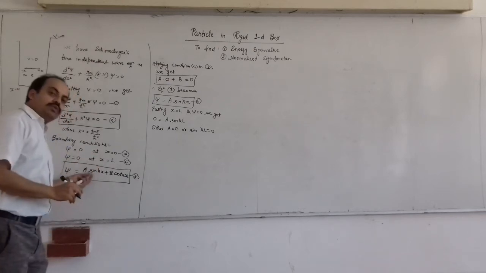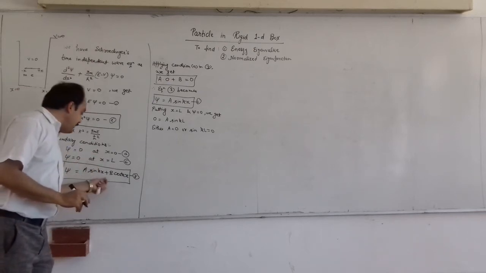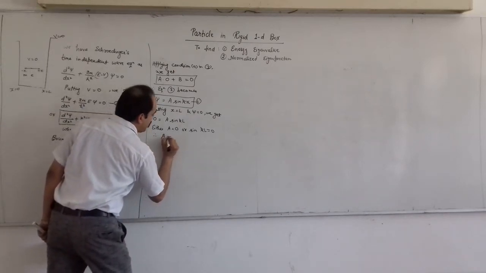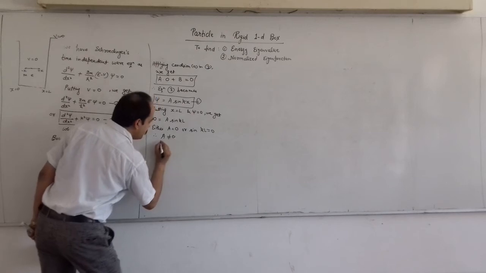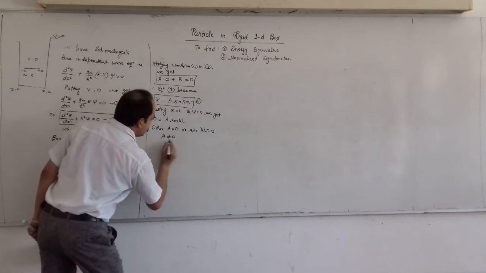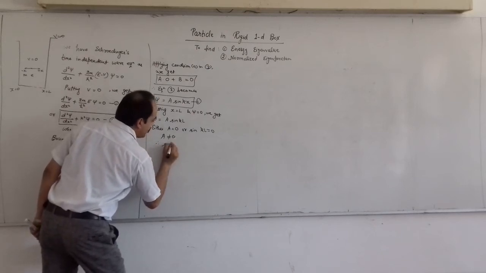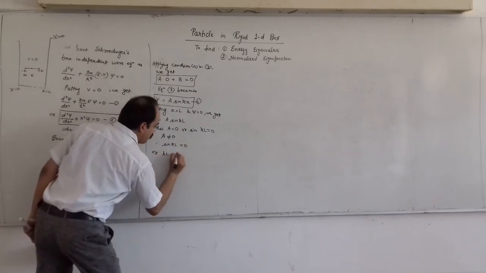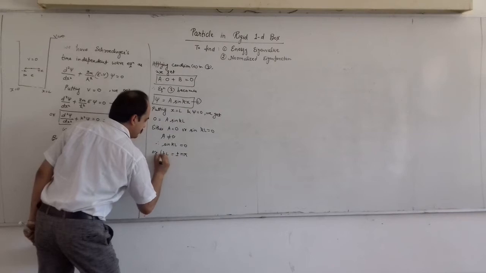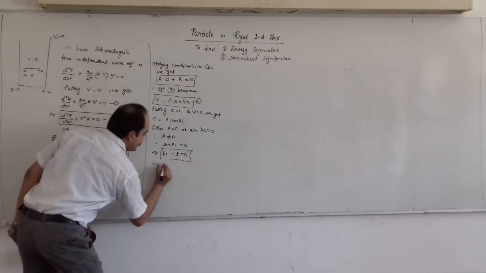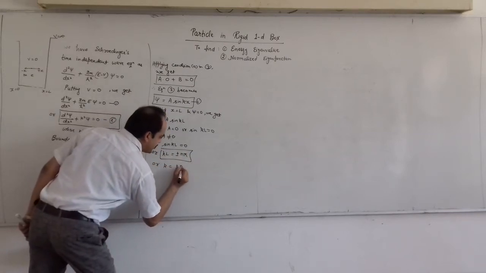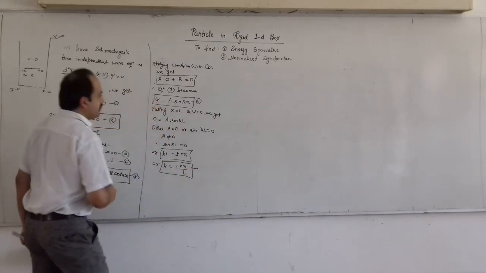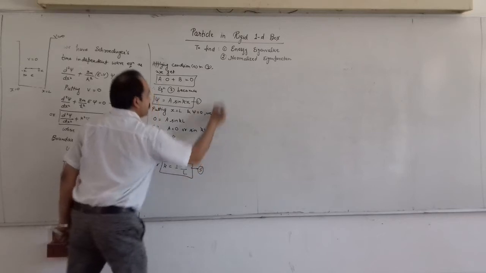Psi will not depend on x at all, because if both constants A and B become 0, then psi will be 0 always. So therefore A cannot be equal to 0, and we will have sin kL is equal to 0, or kL is equal to plus minus n pi, or we can say k is equal to plus minus n pi by L. This is our equation number 5.